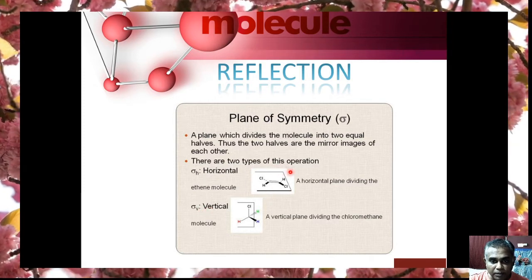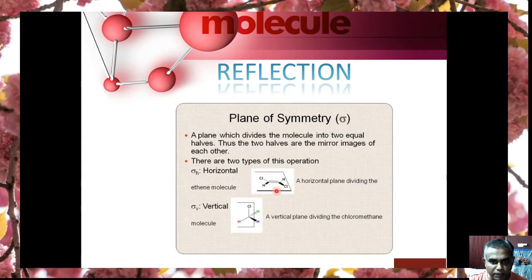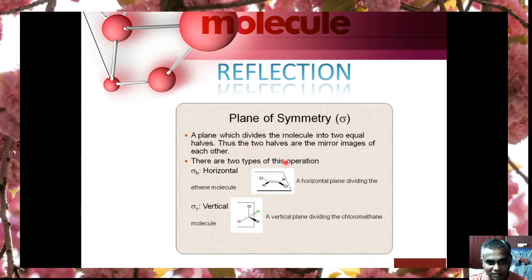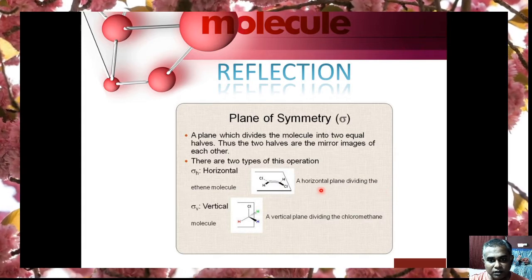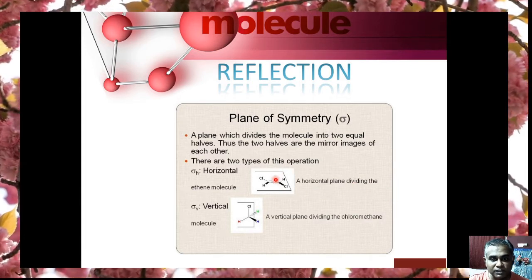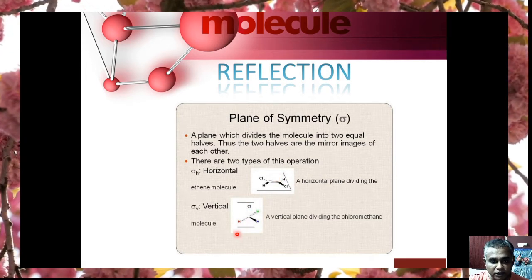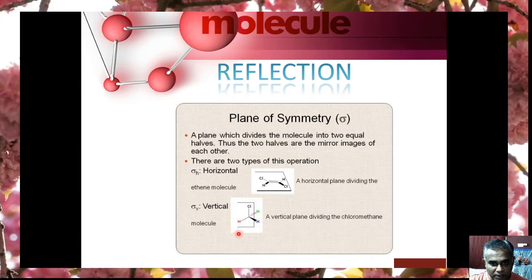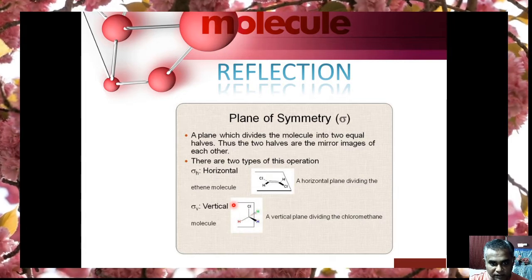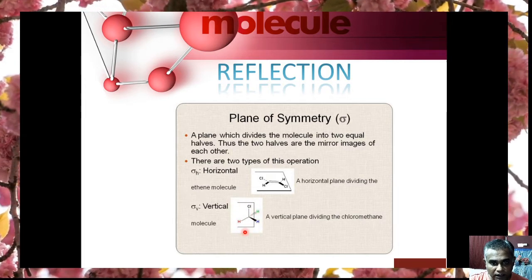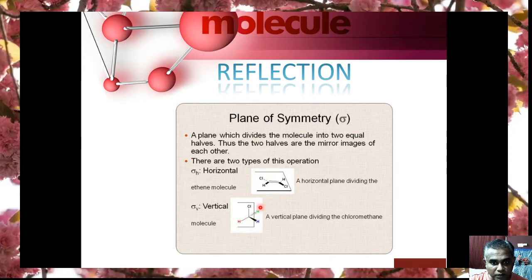If you take an ethene molecule, and this is actually a dichloroethene, but let us say we have an ethene molecule, and if you cut the molecule using a horizontal plane, the plane divides the ethene molecule into two halves, and the molecule is said to have a horizontal plane of symmetry. In the case of chloromethane, if you pass a plane in such a way that the chlorine and a hydrogen are present on the plane, this is called vertical, because you can see this plane is not on the axis in which these two hydrogens are present.